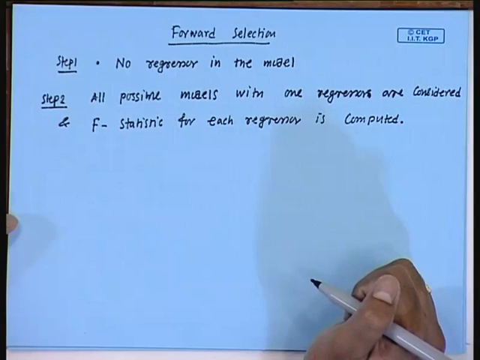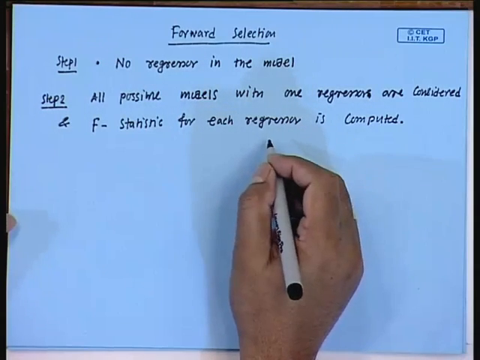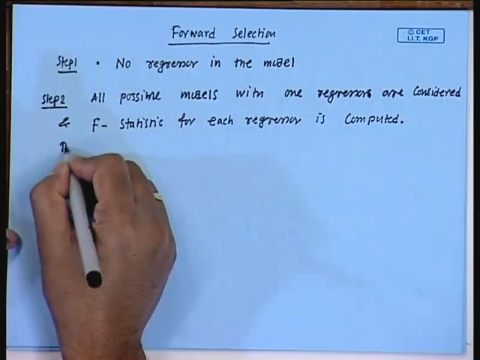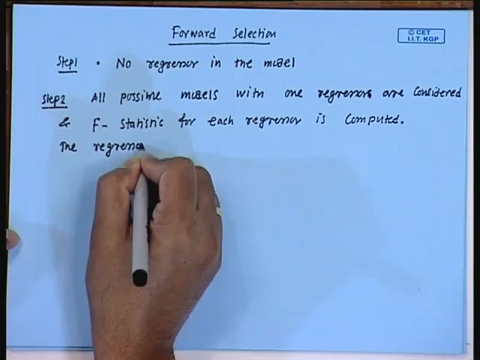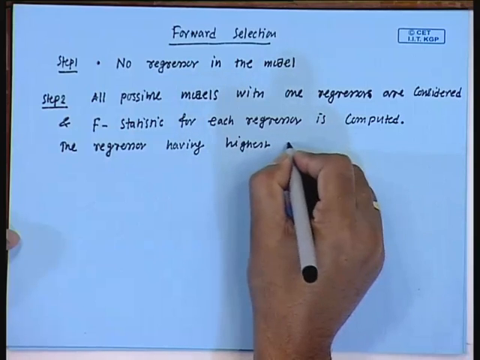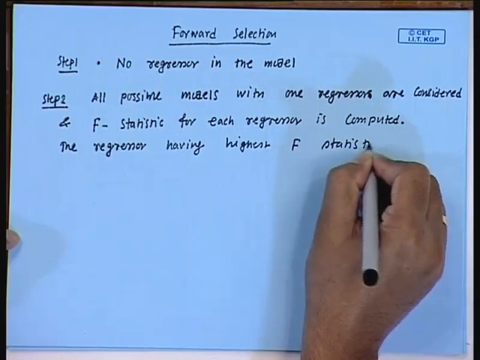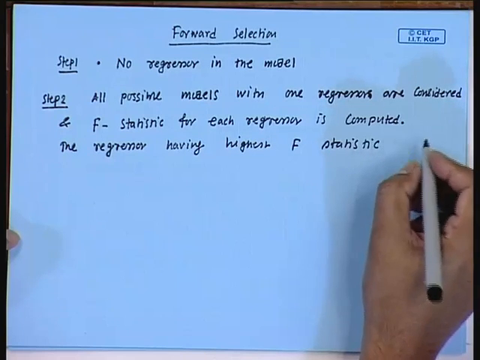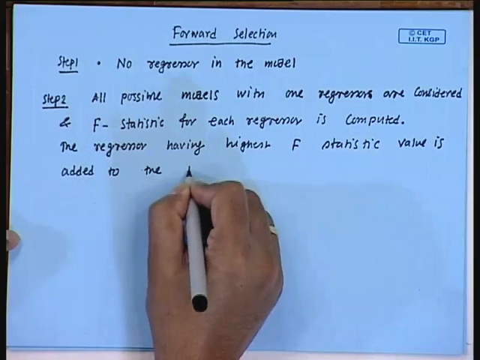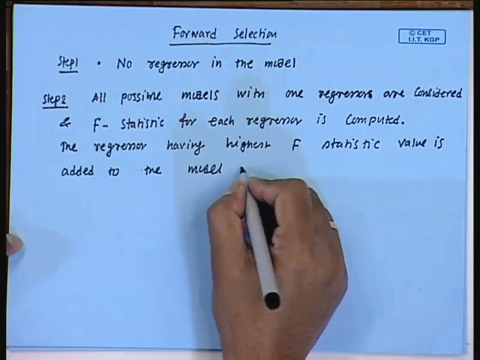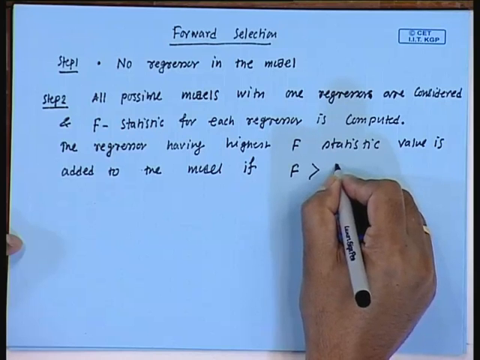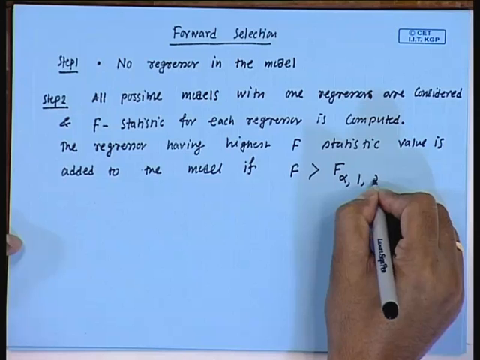Well, so if there are k minus 1 regressors, you have to compute k minus 1 F statistics, and the regressor having the highest F statistic value is added to the model, provided the highest F statistic value is greater than F alpha, 1, n minus k.